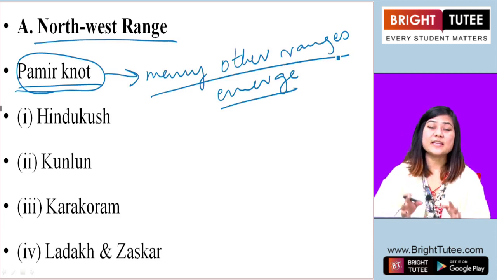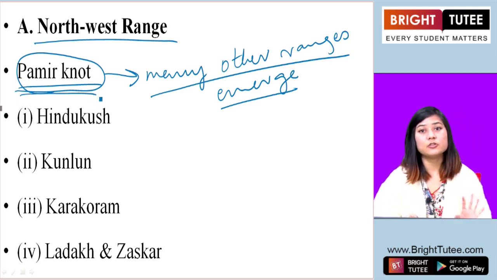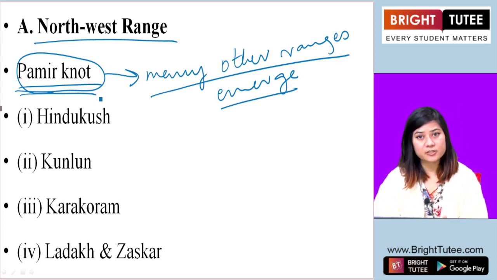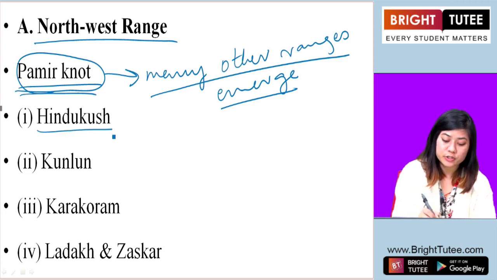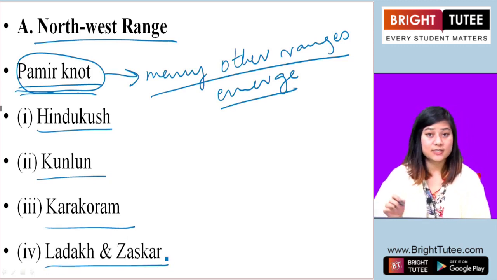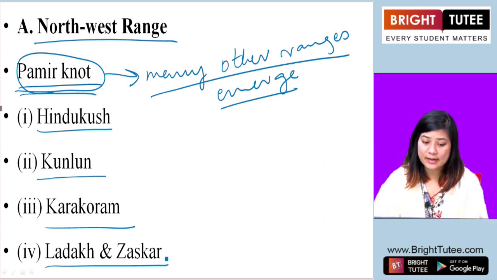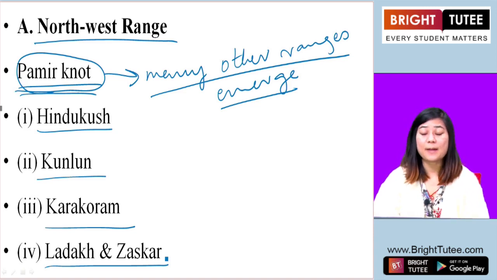Okay, so many ranges emerge from Pamir Knot in the northwestern range of the Himalayas. These ranges which emerge from Pamir Knot are Hindu Kush, Kunlun, Karakoram, Ladakh, and Zaskar. So these are mountain ranges which lie in the western Himalayas, which emerge from the Pamir Knot.